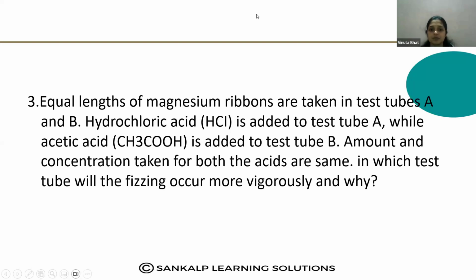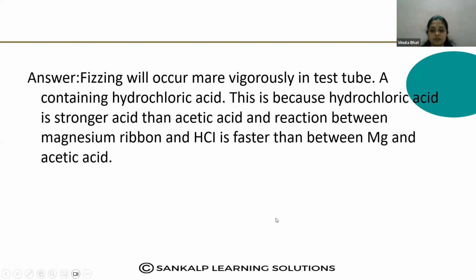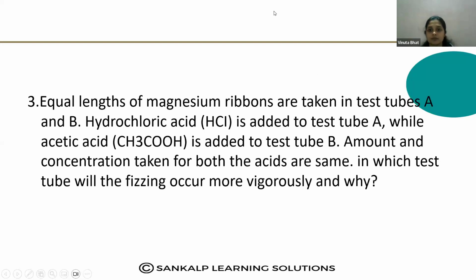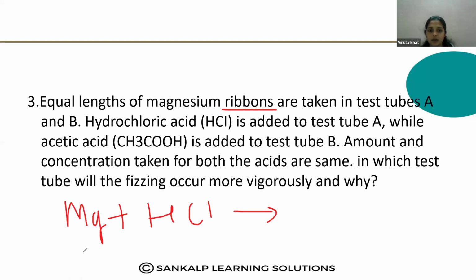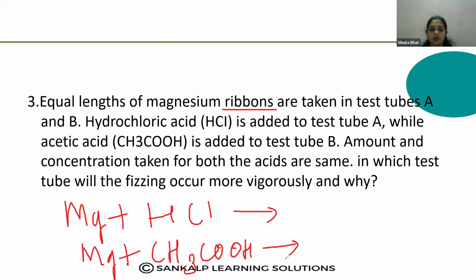Here, magnesium reacts with HCl to form magnesium chloride and hydrogen gas is released, and magnesium also reacts with acetic acid, CH3COOH. Acetic acid is the weak acid and hydrochloric acid is the strong acid.